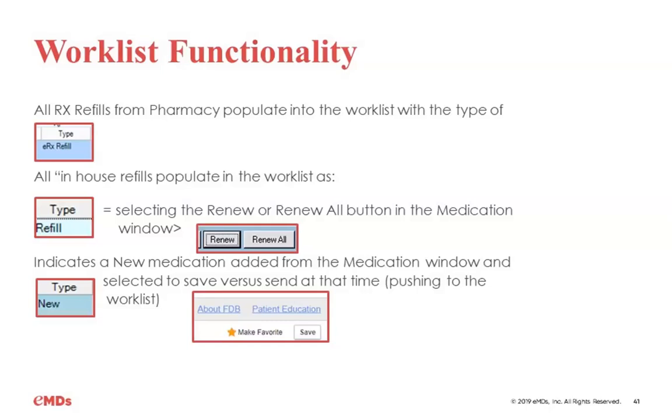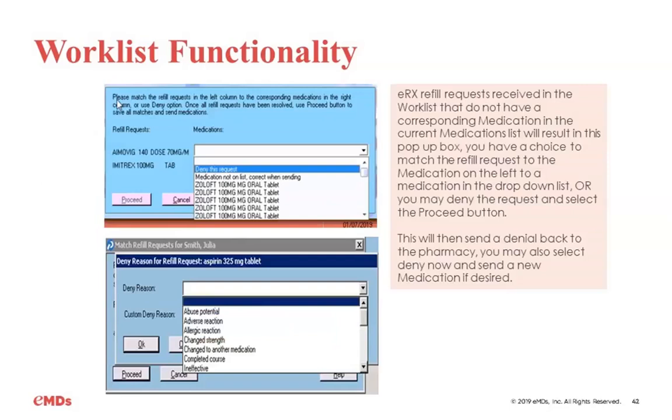If I've come into the medication window and I just hit new, and I wrote a new prescription and saved it, just like what we're seeing right here, that then pushes back to the work list. So these are the types that you're going to see in the work list, to be able to tell you what needs to be done on that request and why it really happened, information that pulls into that, so you can distinguish which ones.